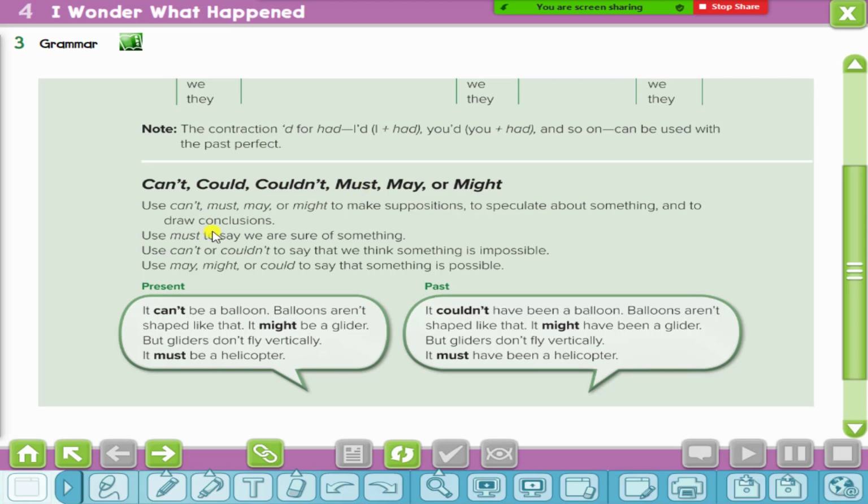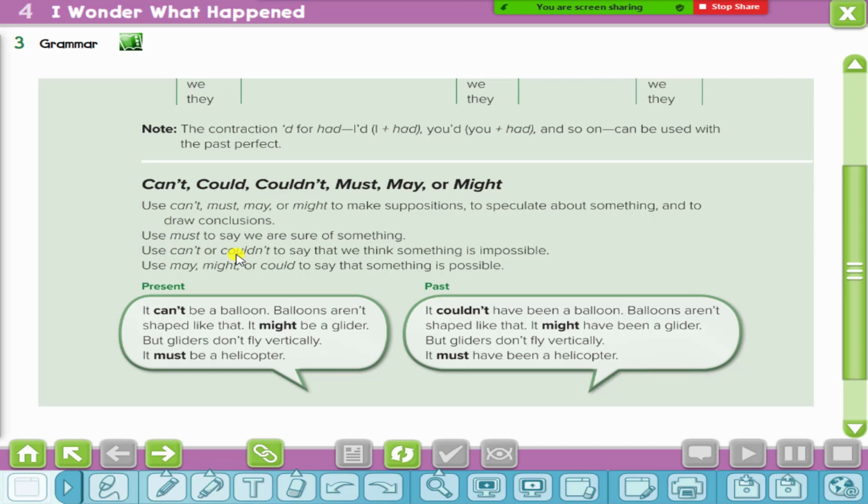But they have another use here today. We use can't, must, may, or might to make suppositions or to speculate about something and to draw conclusions. We use must to say we are sure of something. If you are certain of something, you use must.